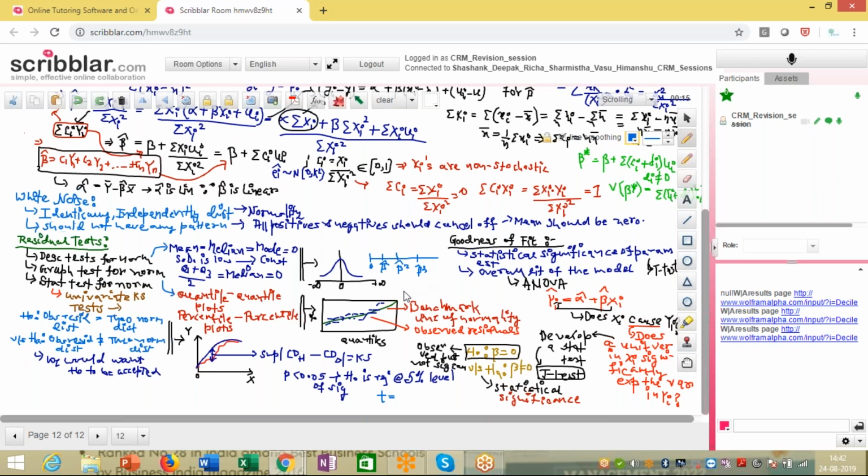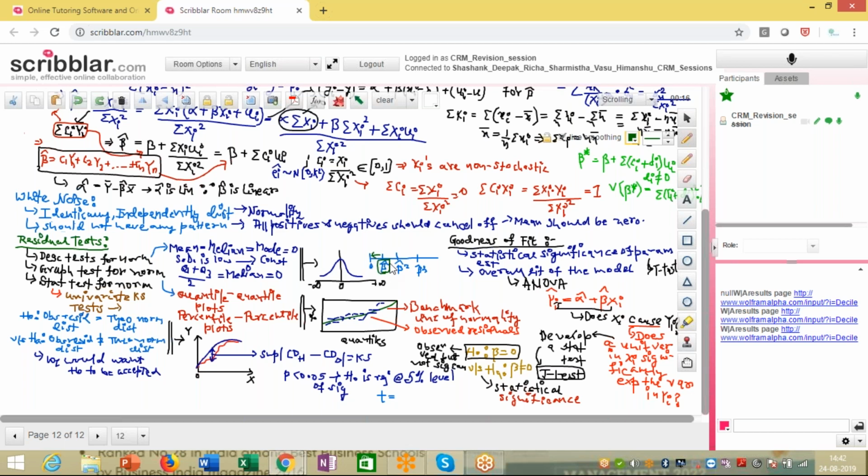Right. Now you see that if this is the beta hat value that I have obtained in my estimate, it is relatively closer to 0.